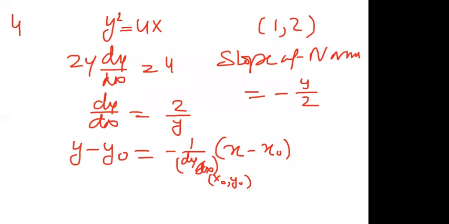I suppose we must start putting the values. Values are given to us and the slope is also with us. It's not very tough. So try to put the values and get the answer. If you have any doubt, raise your hand. Otherwise, I must move to the next question.